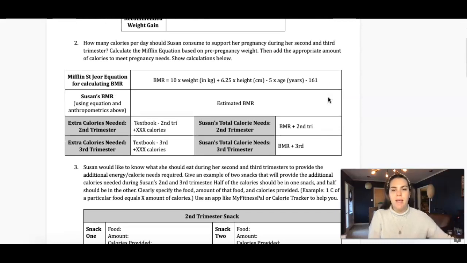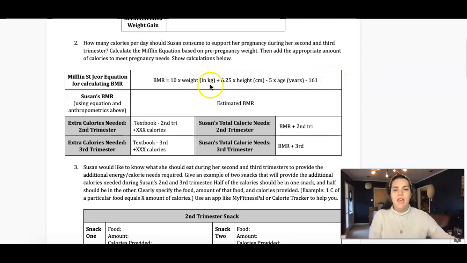Next, you're going to be estimating her basal metabolic rate, or how many calories that she needs. Before we make a recommendation for what she needs during her second and third trimester, we need to know her basal needs. So you're going to use this formula here to calculate her basal metabolic rate, or how many calories she needs just at baseline.